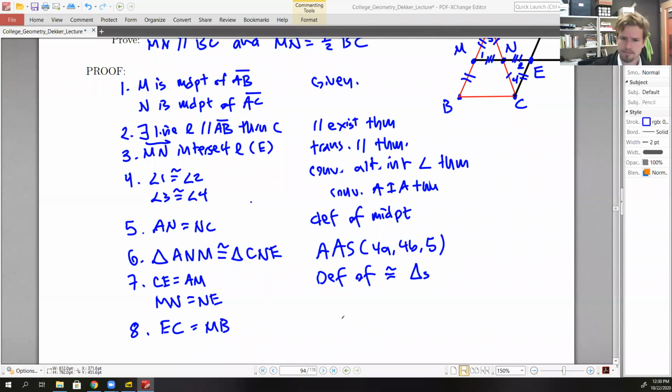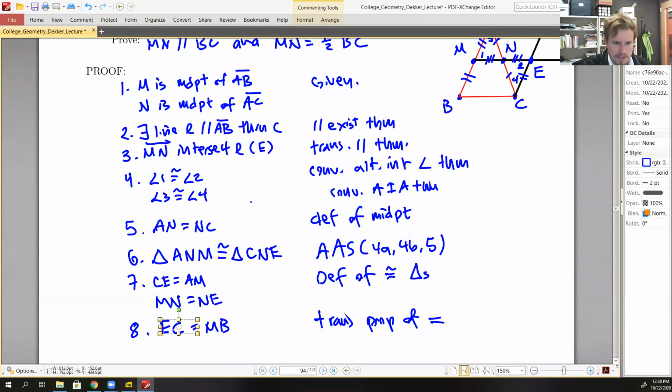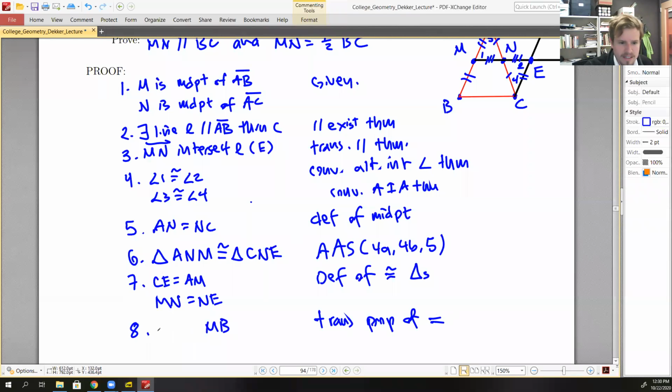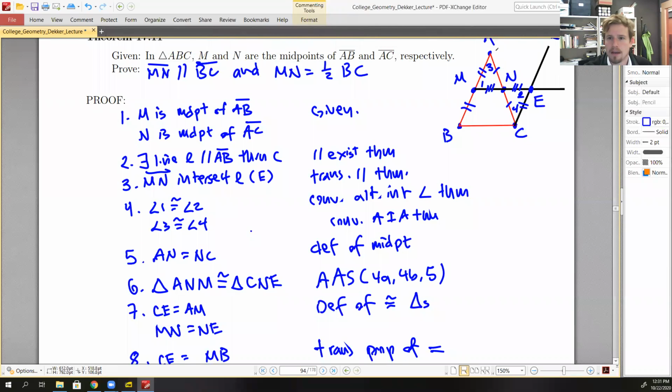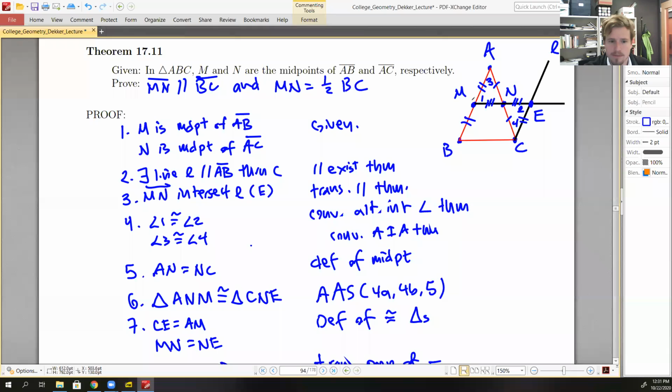All right, I apologize. We're saying that this is because of the transitive property of equality, because now we could call this CE is equal to MB because we have that AM is equal to MB, but we never actually said that part.